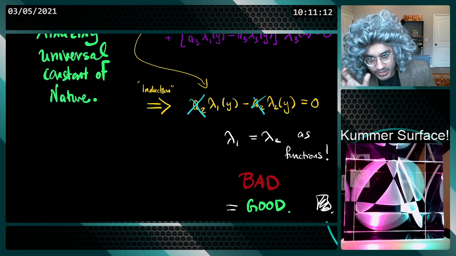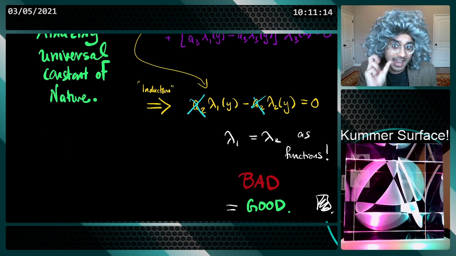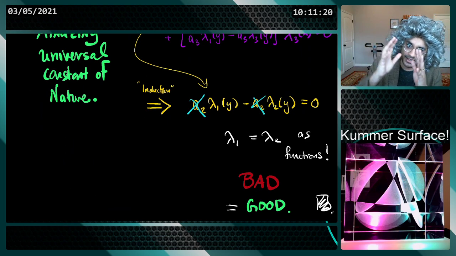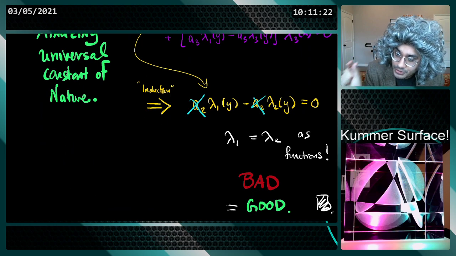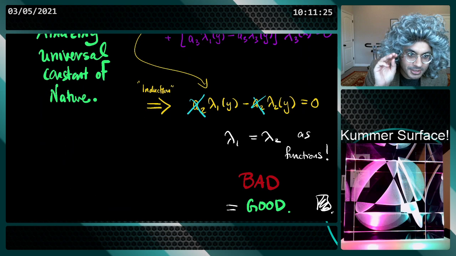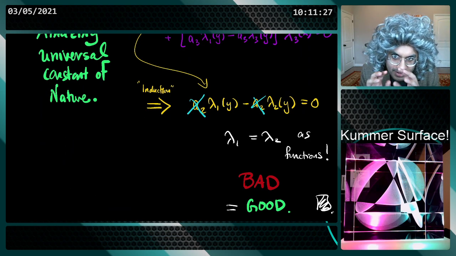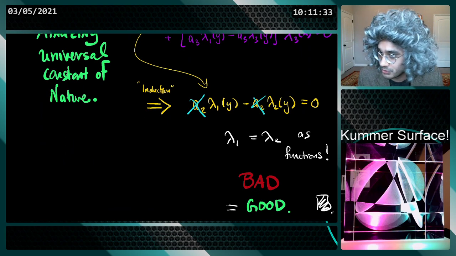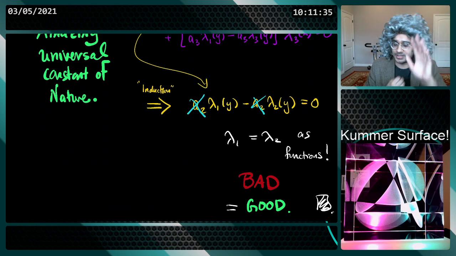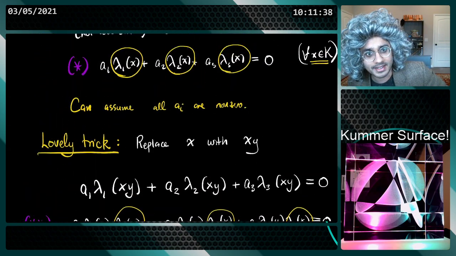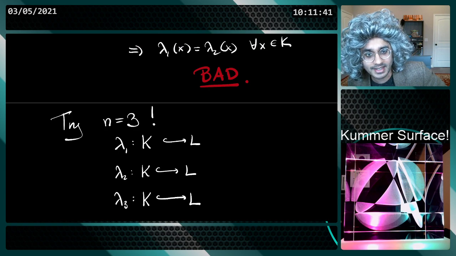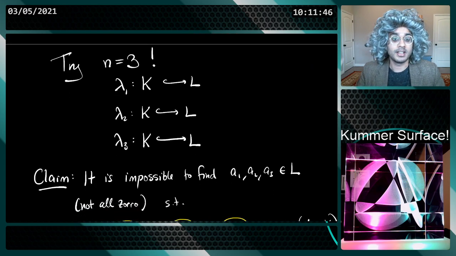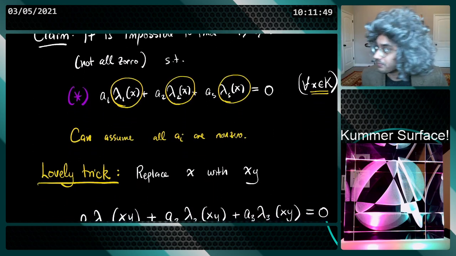This kind of trick of exploiting the extra structure that these functions obey, by substituting a product into the entries, is used in a few choice locations you'll find in your algebra classes moving forward. I just wanted to give it its time of day at this moment. All right, so distinct characters are linearly independent over L.